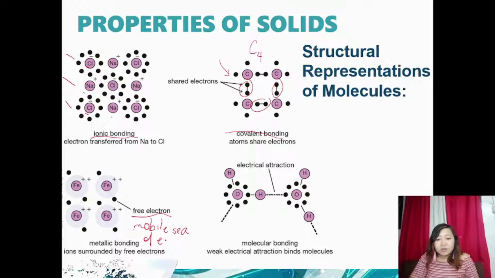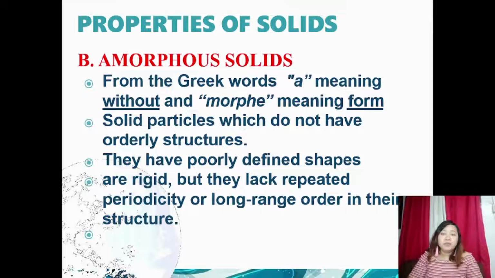So it is a mobile sea of electrons that is the main reason why metallic solids are conductive. Next is the molecular solid held together by H bonding. So those are the four types of crystal.